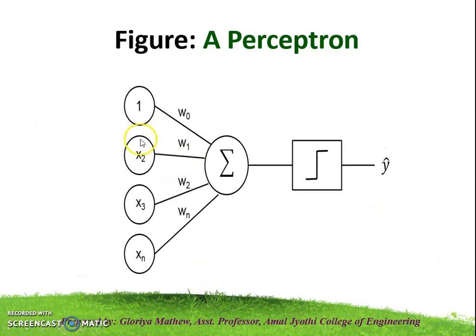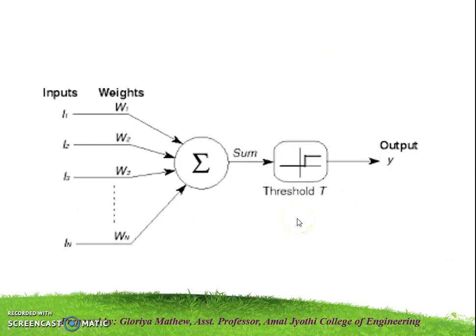So this is another representation of the perceptron. All these figures indicate the same concept. These are the inputs I1, I2, etc., with weights W1, W2, etc., Wn. The weight times input is summed up. The input signals are summed up within the cell body, and the sum is given to the activation function.